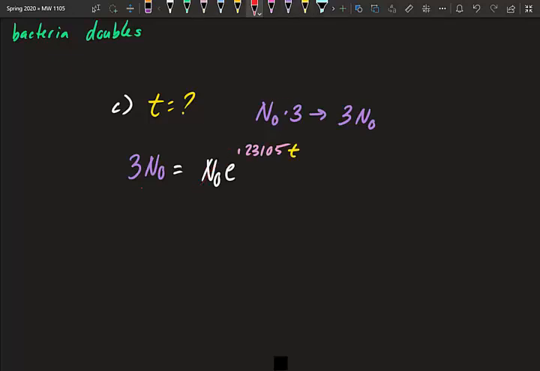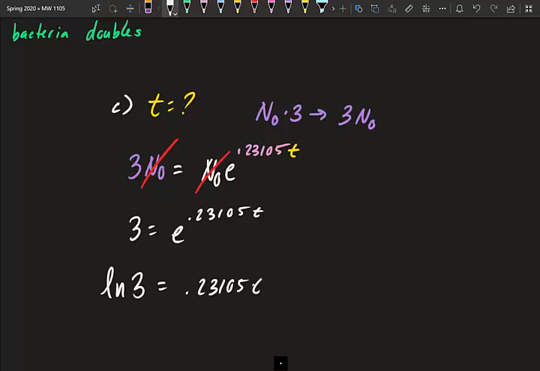So we're going to cancel those out. We have 3 equals e to the power of 0.23105 t. Let's go ahead and switch this to ln. So we have ln 3 equals 0.23105 t.